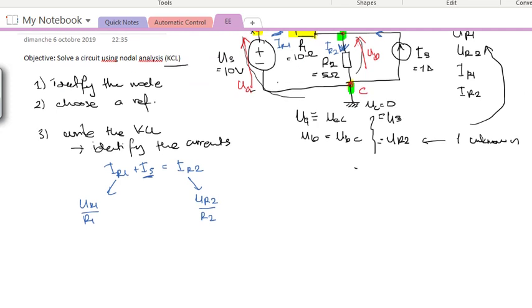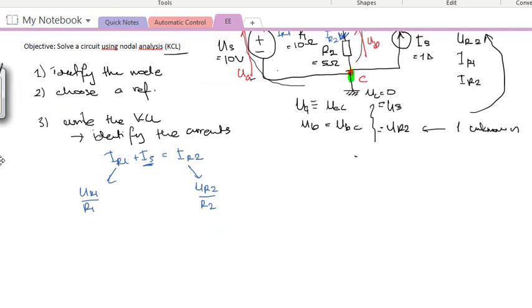Let's go and do the KVL. So you have US on one side, and then you have UR1 on the other side. On the next branch, you have UR2, and then you complete the loop.